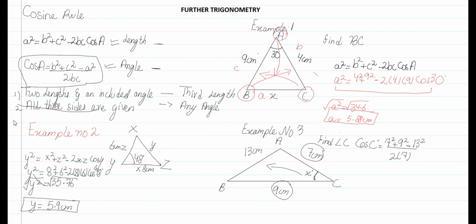The sides I took here are 7 and 9, and these two sides are basically multiplied with each other. So again you have to write the same sides times 2 as well.